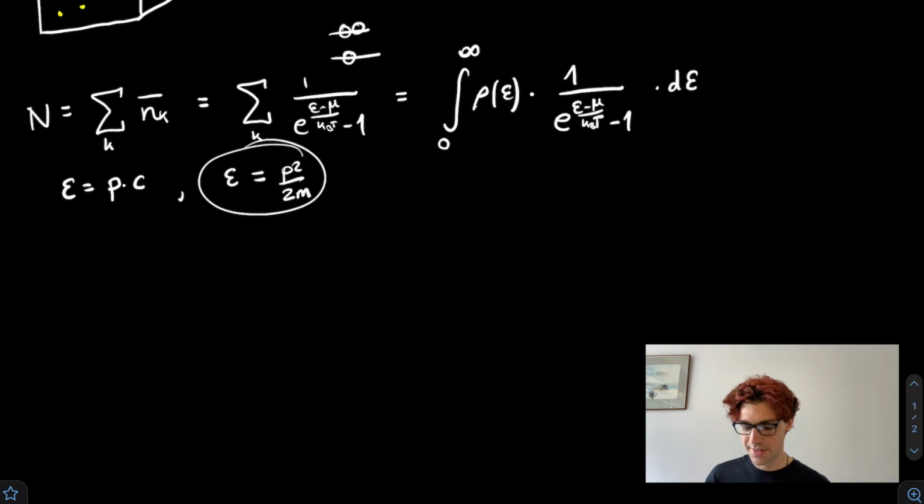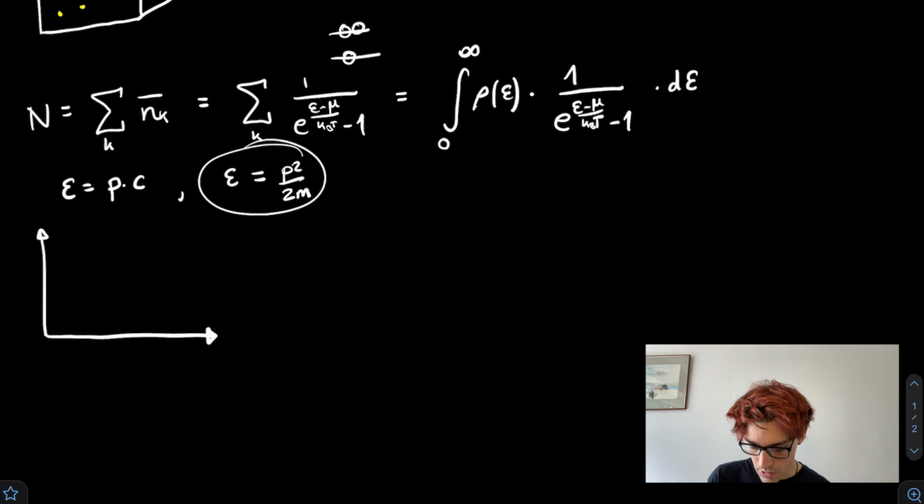So what was our density of states? If we remember back to the video I did on density of states, then we found that the density of states for particles which had a mass was something a bit like this. You would have your energy along here, and then the density of states would scale proportionally to the square root of the energy.